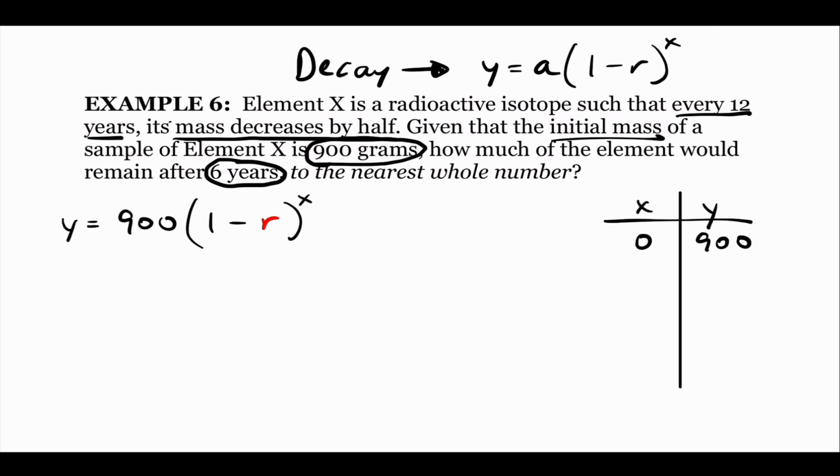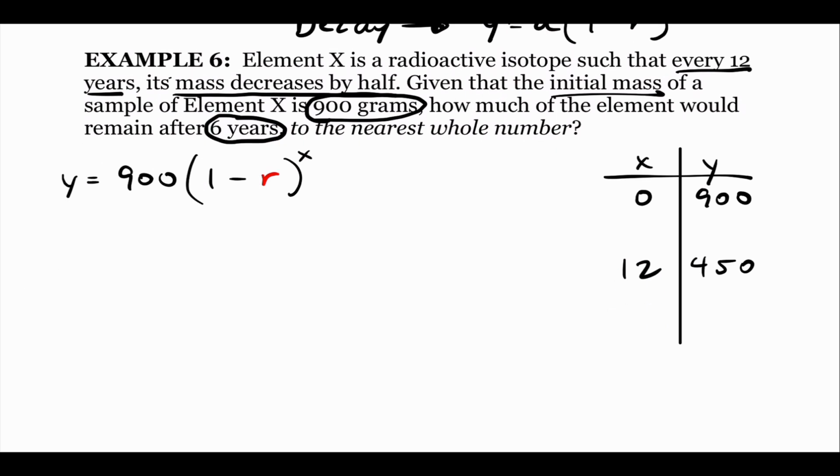Yeah, because that's initial, right? So I know at 0 years, it's going to be 900 grams. And then it says 12 years, it decreases by half. So in 12 years, it would be 12, right? How much mass would it be? Yep, 450, right? And then in another 12 years, it would lose half of its mass again.